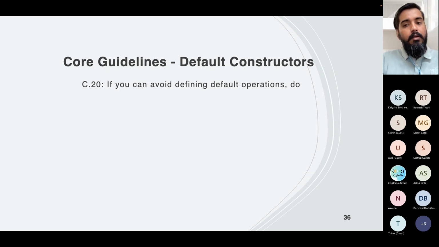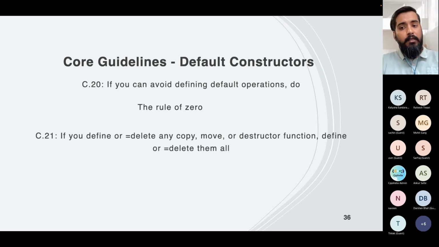So if possible, do not add any default constructor or destructor, any default operations. That is also known as the rule of zero. But if you are defining or deleting explicitly, then do this for all. Either you define all five constructors and destructor, or you don't do that. This is also known as the rule of five, because if you add one, the compiler will not add the others.